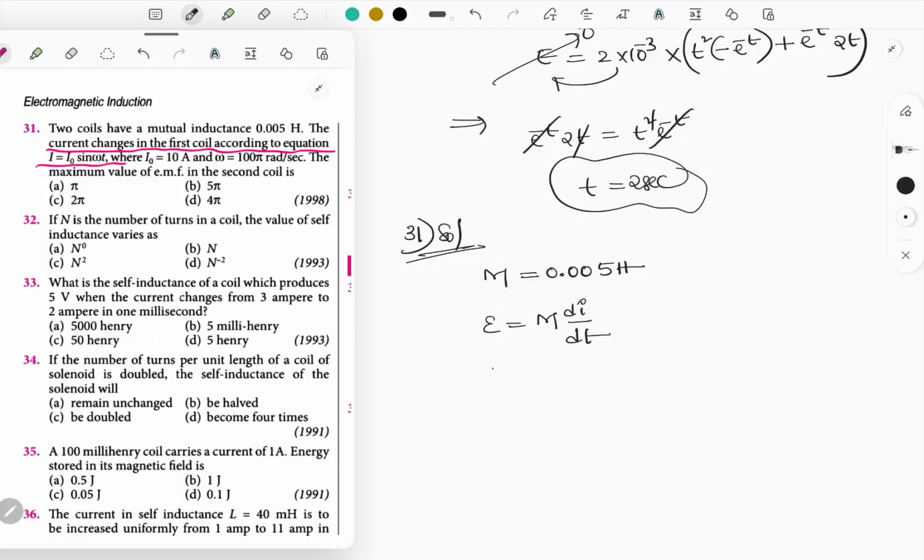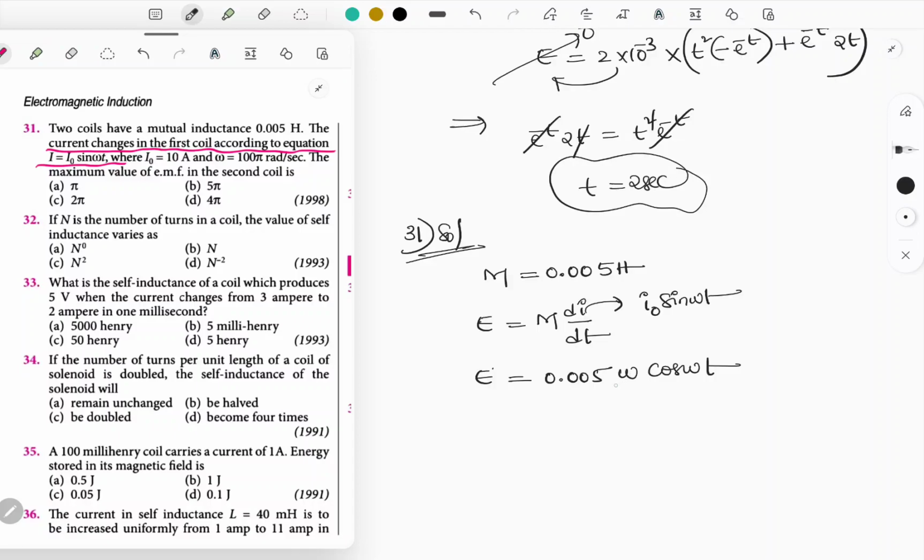Induced EMF is equal to M into di by dt, where M value is 0.005. I they have given as I naught sin omega t. If you differentiate this, we are going to get omega into cos omega t.